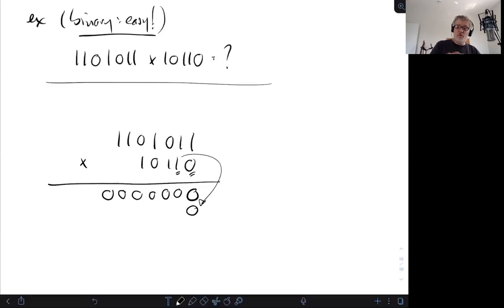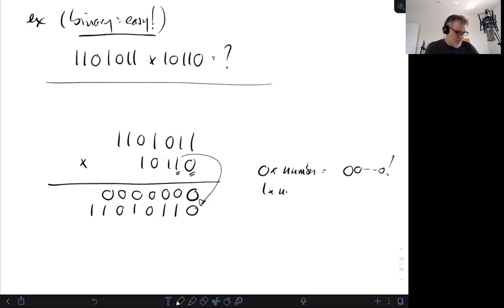Because I'm shifting, it's worth twice more, which means a shift to the left. Now 1 times all of this, what do I do? I just copy it down. 1 times everything is just the same, so you just write it down. So it's 1 1 0 1 0 1 1. 0 times the number is 0, and 1 times the number is just your number. There's nothing to do, right?